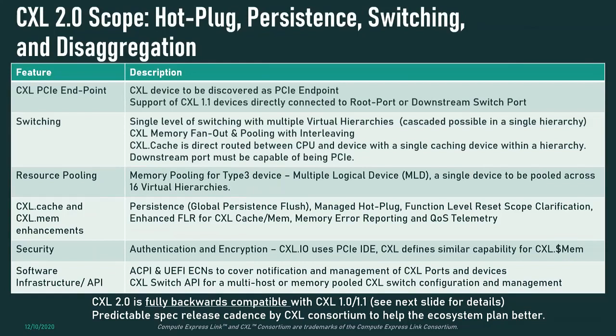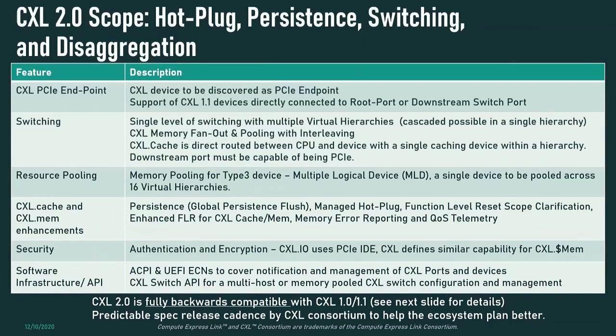From a security point of view, we have authentication and encryption that we have added. We'll see more of that. And last but definitely not the least, software infrastructure and API, where we have ACPI and UEFI ECNs to cover the notification and management of CXL ports and devices, and we'll see more of that. Most importantly, CXL 2.0 is fully backward compatible with CXL 1.0 and 1.1.